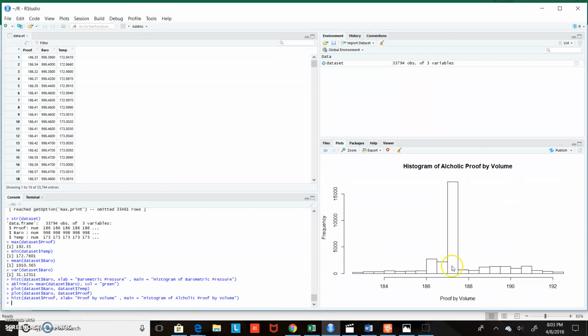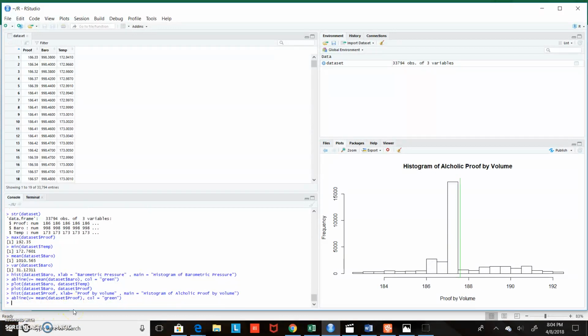We see that the majority falls within the range of 186 and 188, and that is very useful to the alcoholic industry. Now let's see where the mean actually lies with a green line. It does seem to lie between 186 and 188, which is a pretty good alcoholic proof by volume.